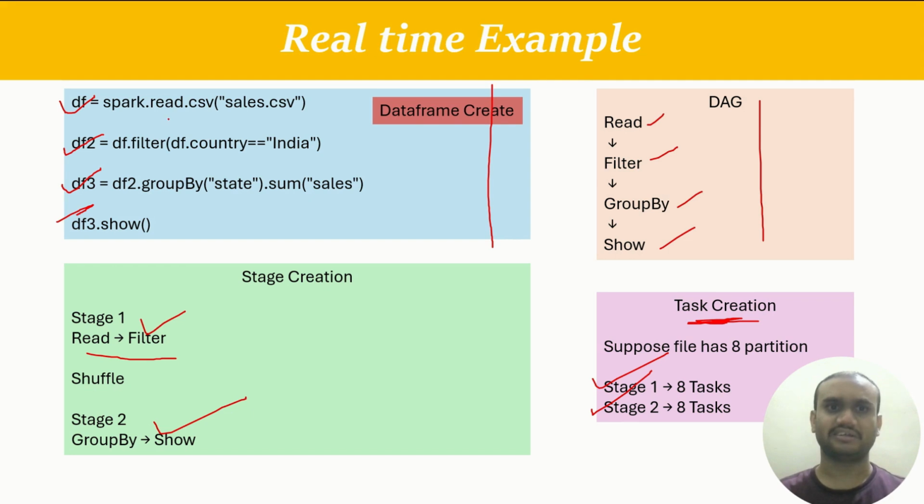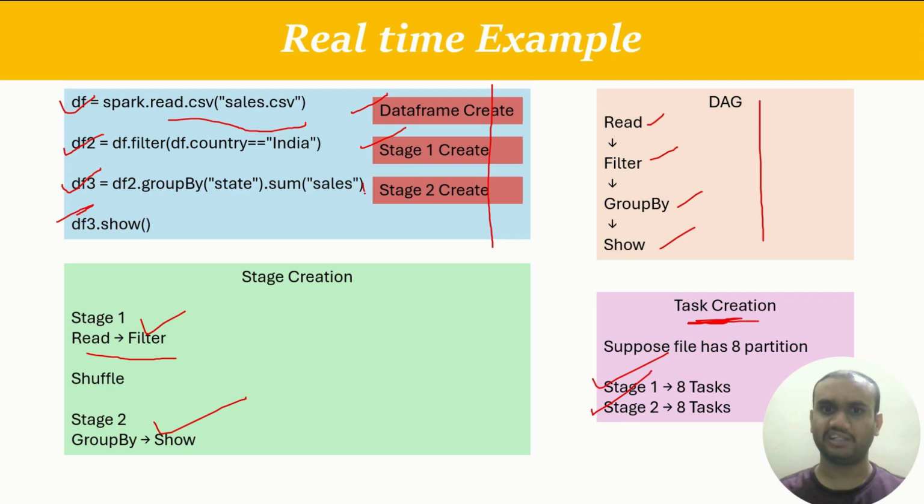As soon as the first line of code is executed, it will read the data frame. Sorry, the second line of the code will be stage 1, while for the third line of the code stage 2 will be created.